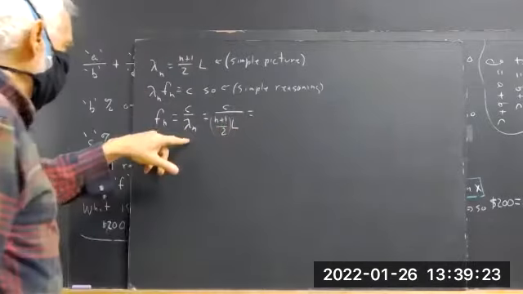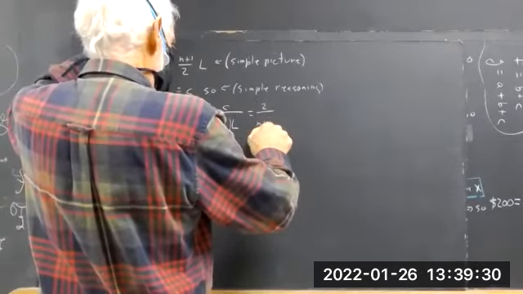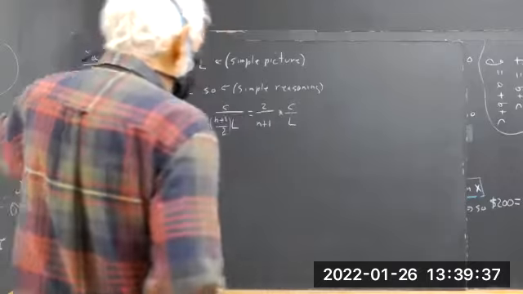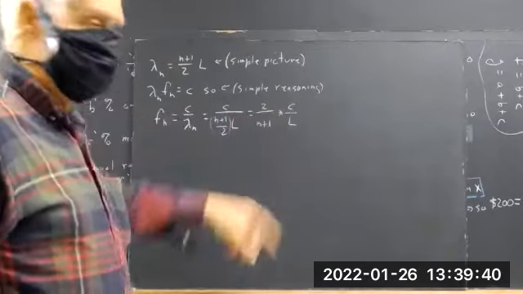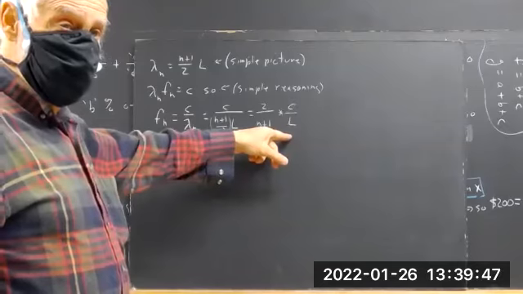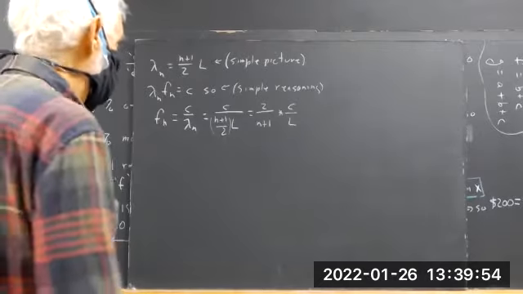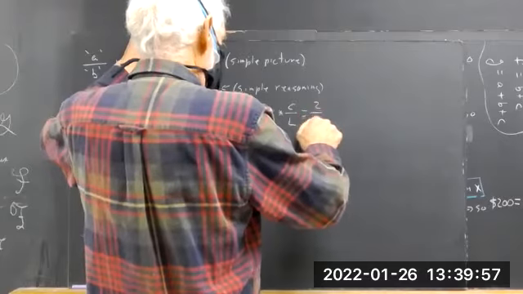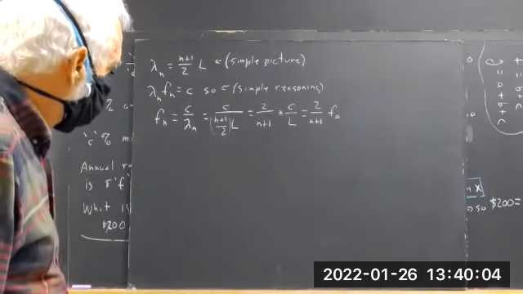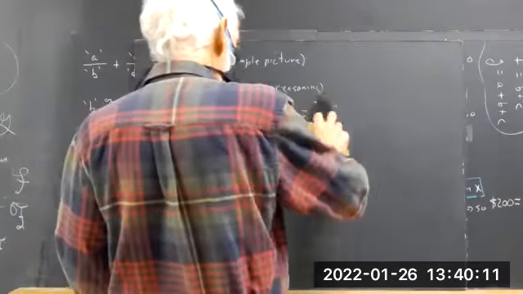Well, then lambda is this, right? So it's 2 over n plus 1 times c over L. What's c over L? 2c over L. Figure f naught.